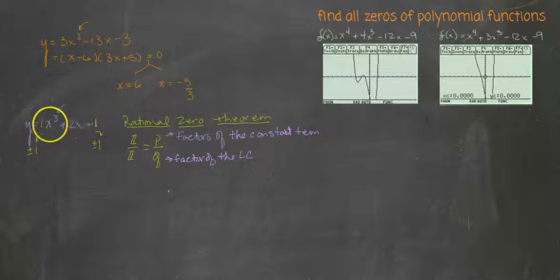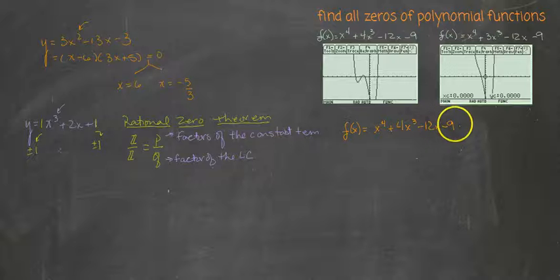In this problem, I'm not going to do an example with this problem because it's so simple. I just used that to build the concept. But I do want to try it with this function here that we started with. So if I look at f of x equals x to the fourth plus 4x cubed minus 12x minus 9, I can see that the leading coefficient, of course, is 1, and so the factors of the leading coefficient are plus and minus 1.